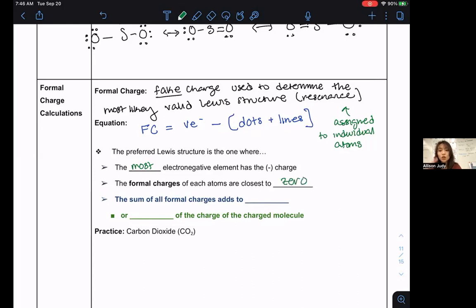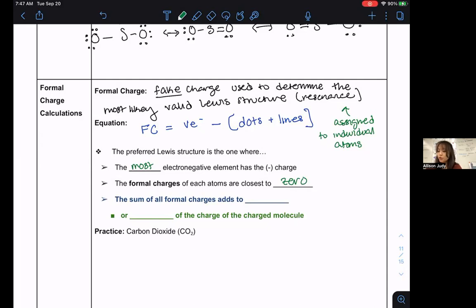We want to keep it low, like coefficients. We don't want you to write like 24,000 of this molecule and 60,000 of the next if you can simplify it to the lowest common value. So we want everything as close to zero as possible. We don't want to be assigning charges upwards of even 3. We keep everything at 3 and below, the closest to zero that we can.